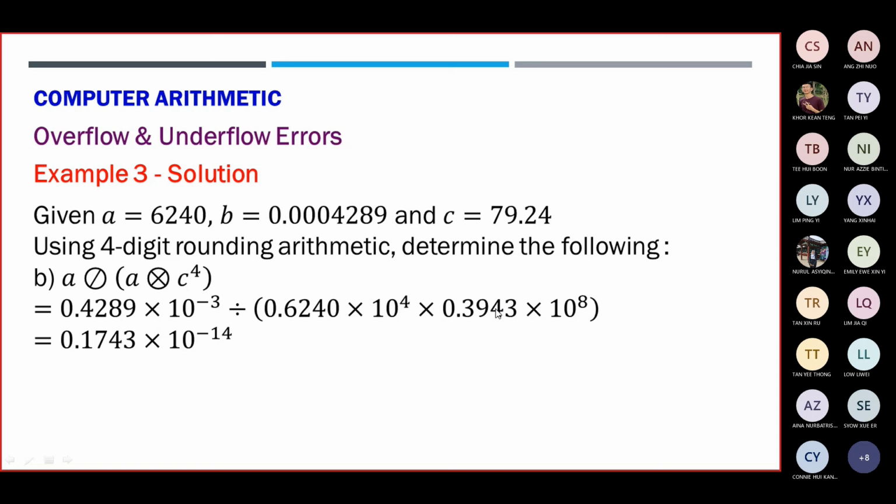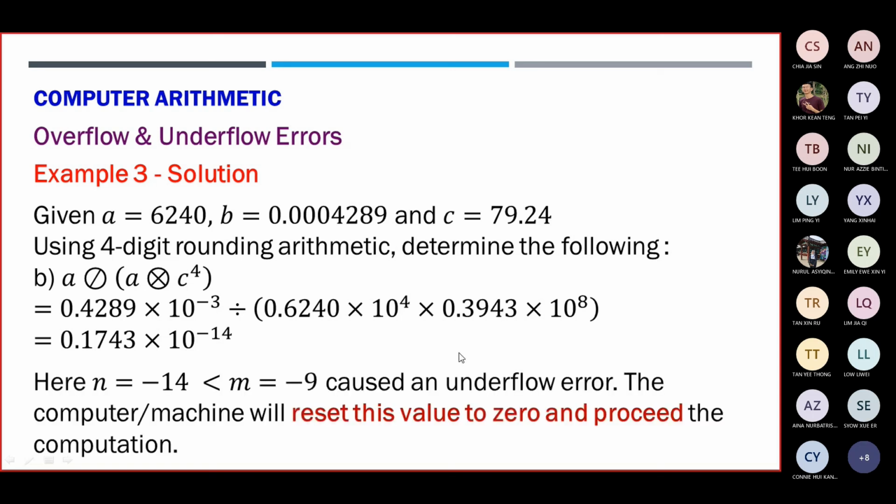Okay, what will happen if it is an underflow error? The computation will stop. Good try, but it's actually not. What usually happens is that the computer or machine memory will reset the given value to 0, and then proceed again.